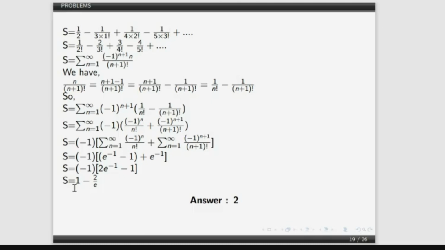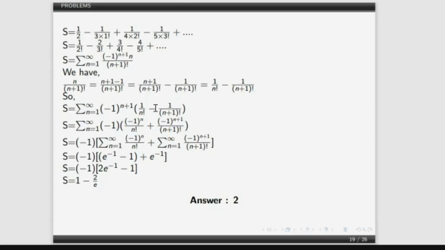So how we proceed is, I am resubstituting into where I stopped, from where I took the term. That is minus 1 power n plus 1 into (1 by n factorial minus 1 by n plus 1 factorial). Keeping the minus 1 aside and taking the rest, that is minus 1 power n, for both terms, I get minus 1 power n by n factorial.